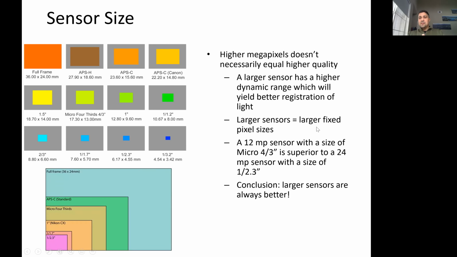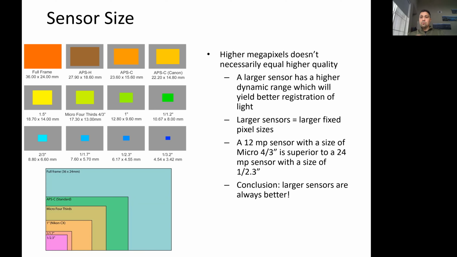Now, I want to debunk some misconceptions here, because it's common to think that a higher megapixel count is going to mean you're going to get a higher quality picture. And that's not necessarily the case, because with cameras and photography, the amount of light that the sensor can adjust to is really important.